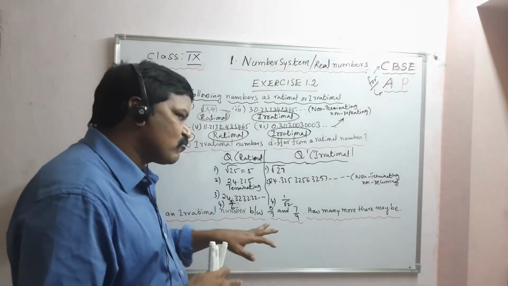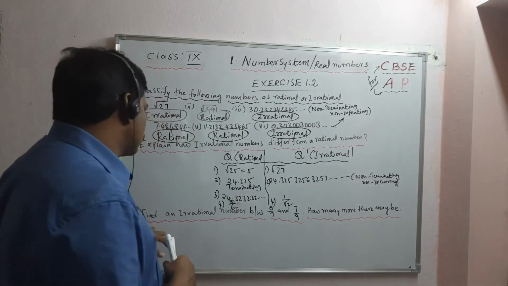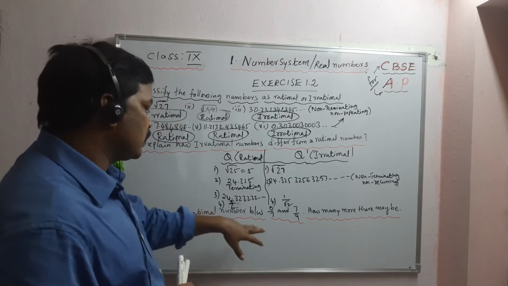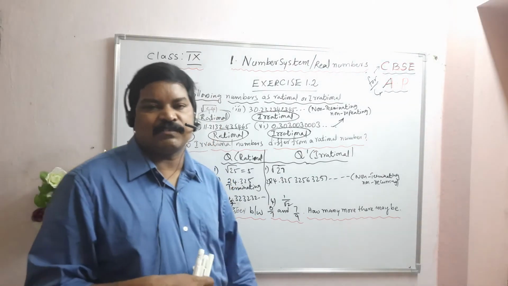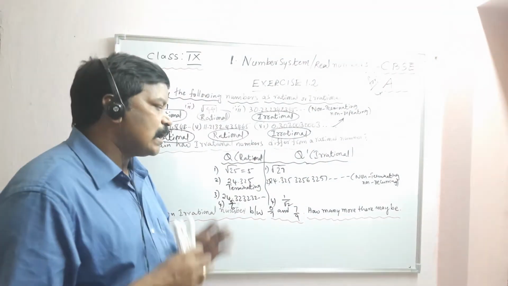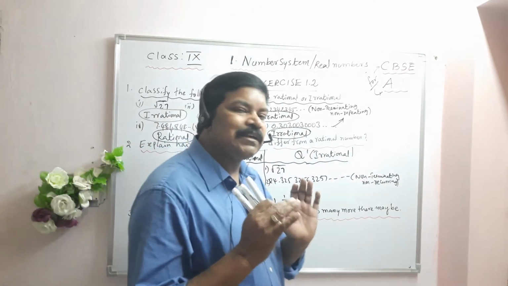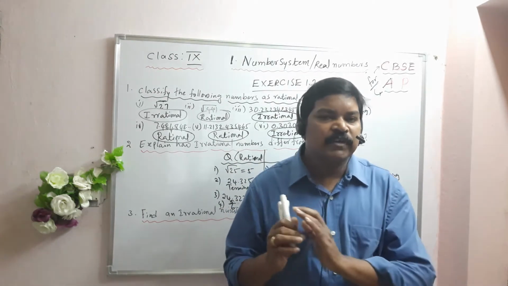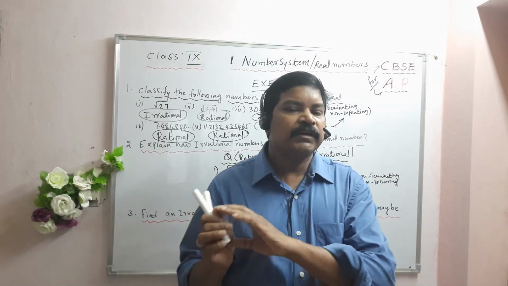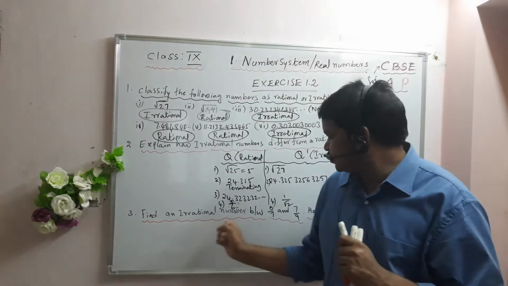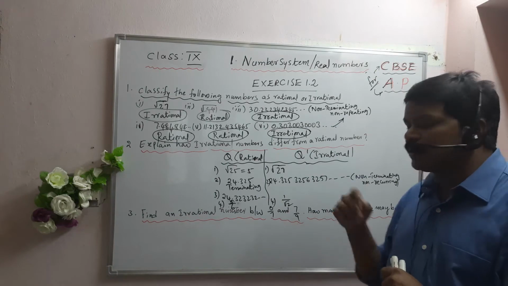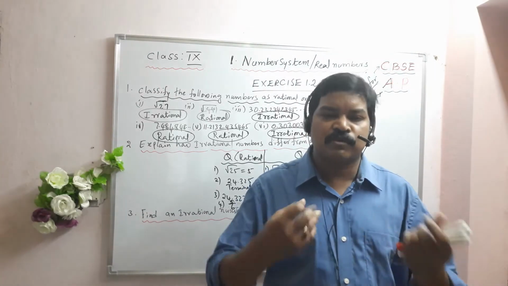But coming to this question, we have to find an irrational number between 5 by 7 and 7 by 9. Actually, there are infinitely many irrational numbers between 2 rational numbers. So here 5 by 7 and 7 by 9 you can write on your own.